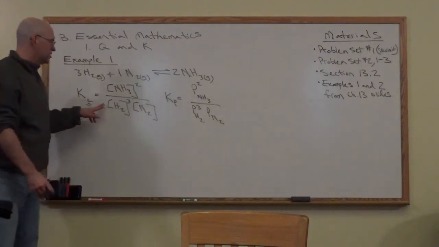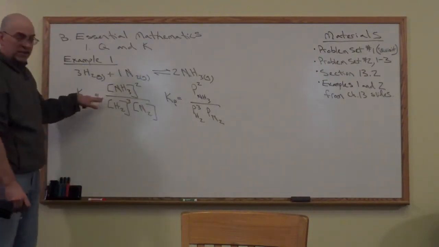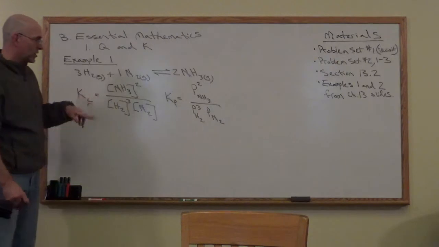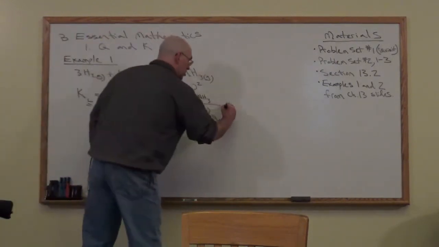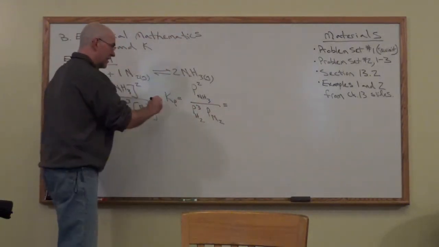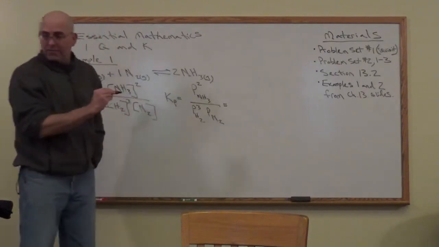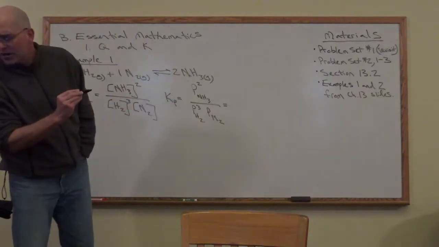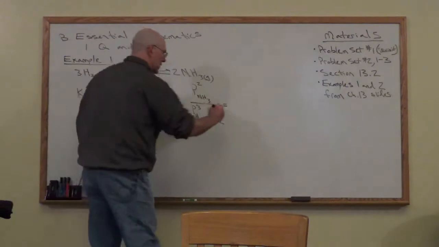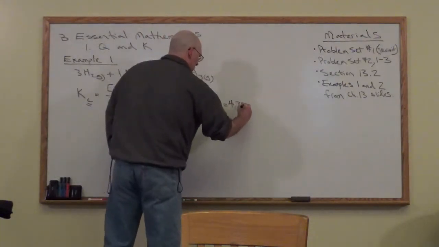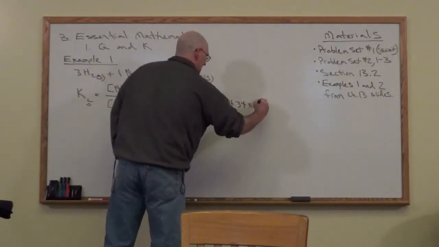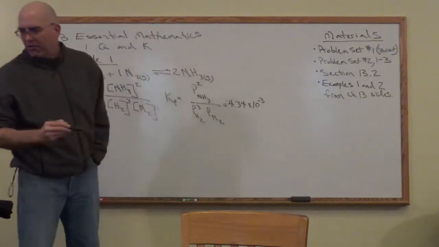Now typically you'd be either given a value or given the information to calculate a K or a Kp. So in this problem, you've been given the fact that this has a handbook value, and it's 4.34 times 10 to the minus third. Don't worry really about the number right now.